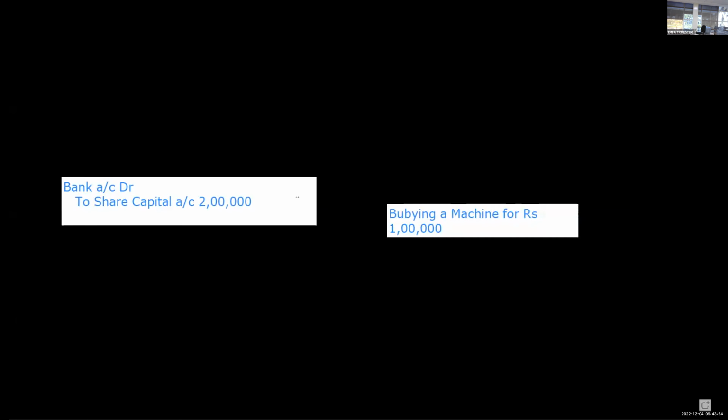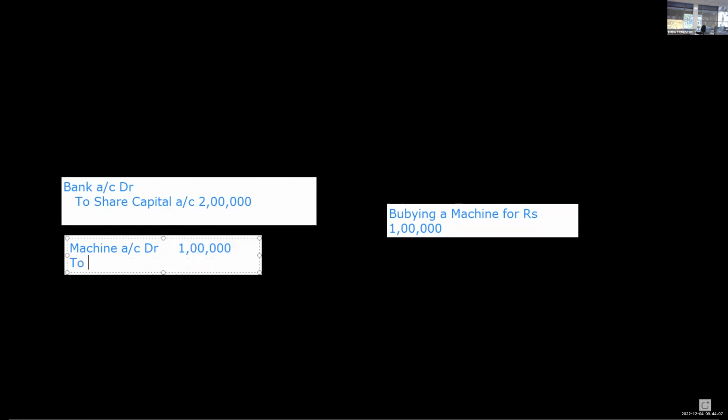What's the entry for this? Machinery account debit to cash or bank. We don't have money in cash, so bank account. Machinery account debit 1 lakh to bank account, 1 lakh.